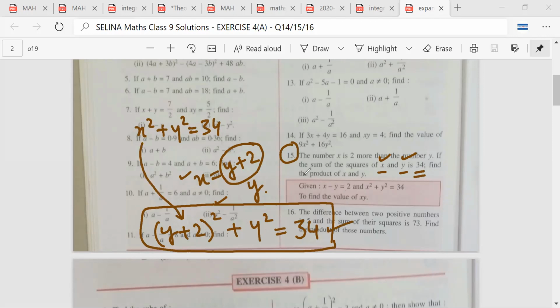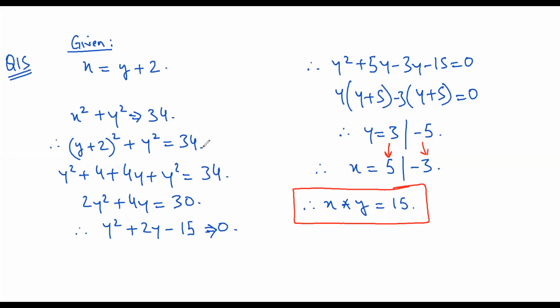And what do I need? I need the product of xy. That is, my unknown is xy. This is what I want to find. So how do I find this? The equation that we have is (y plus 2) whole square plus y square is equal to 34.